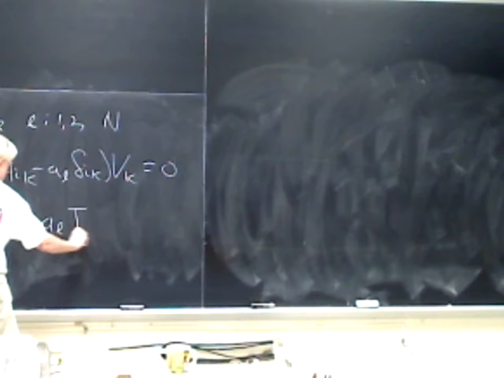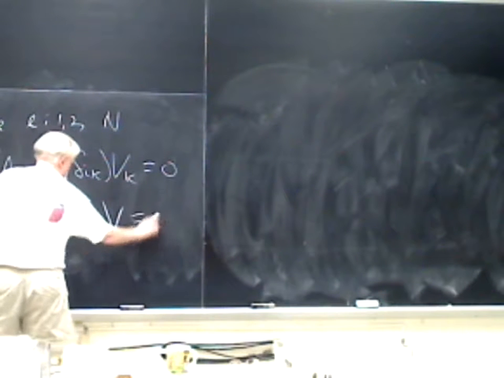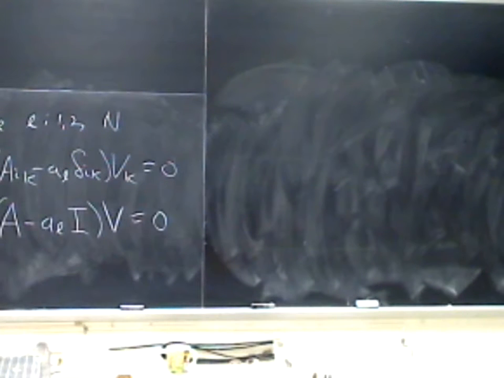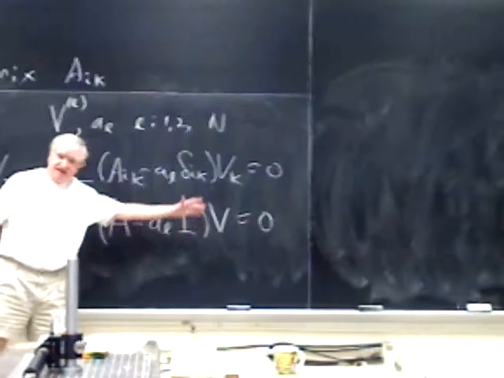Now, what we want to do is visualize this as a statement of the linear dependence of the columns of this matrix. In matrix form, this expression is (A minus a_L I) v equals 0, where I is the n by n identity matrix.